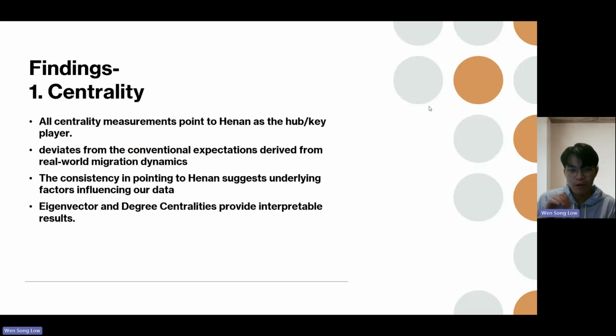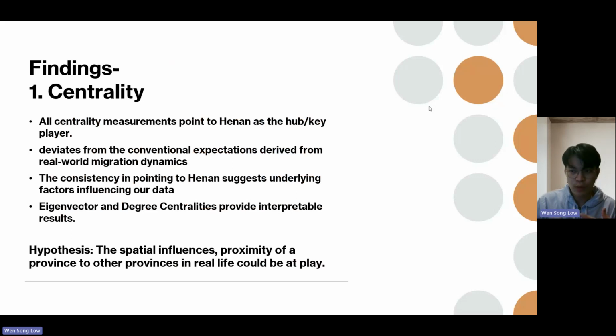So why is Henan pointed out as the key player throughout all four different centrality measurements? This is what I want to explore. In my first finding, I hypothesize that it could be because betweenness centrality and closeness centrality also point to Henan as the key player.